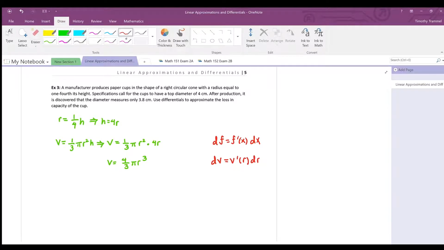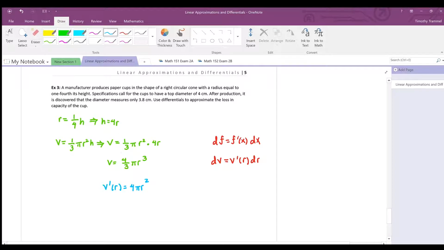Right now, this means we're going to need our derivative of V. Let's go ahead and compute that. So V prime of r, well, you just bring down that 3, right? So you'd have 4/3 times 3, which is just 4, and then pi r, and if you reduce the power by 1, that's to the 2.